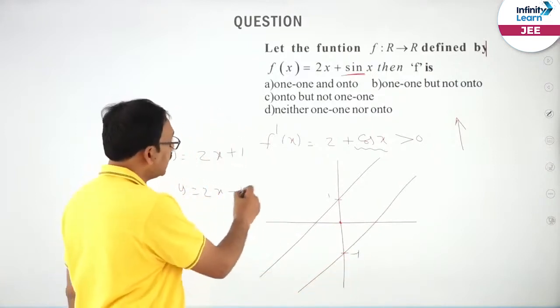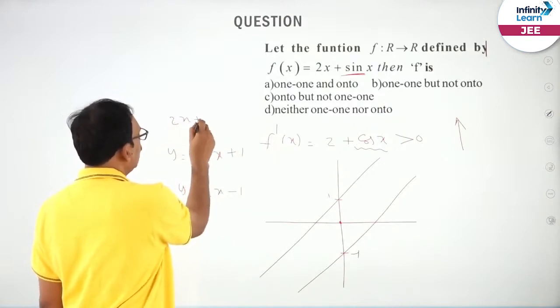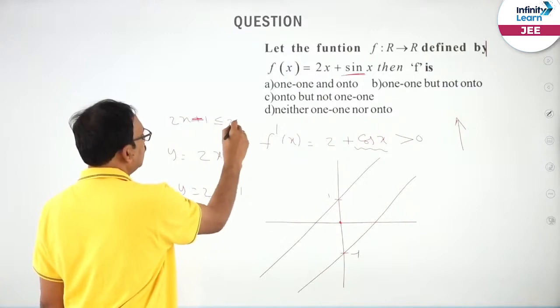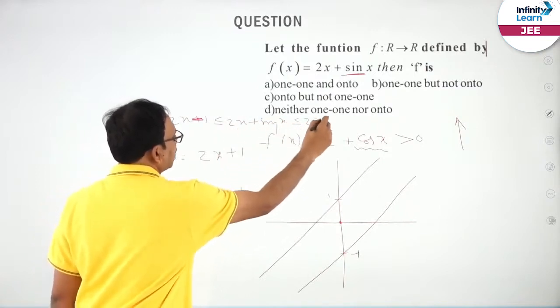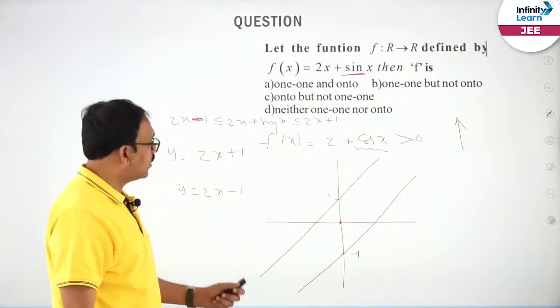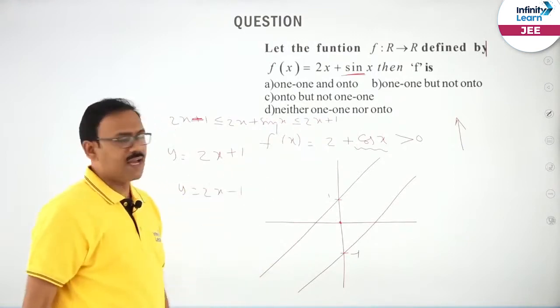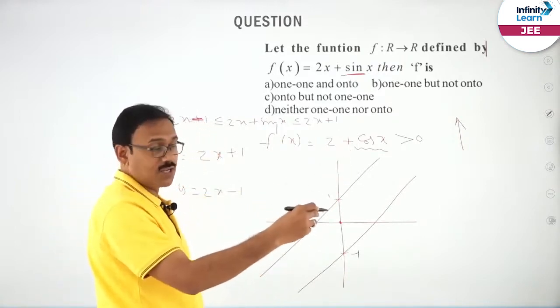Okay. And definitely our f of x lies between 2x minus 1 less than or equal to 2x plus sin x less than or equal to 2x plus 1. Am I correct? So, our function is going to lie strictly between these two lines, and you can observe that it is a 1-1 function.